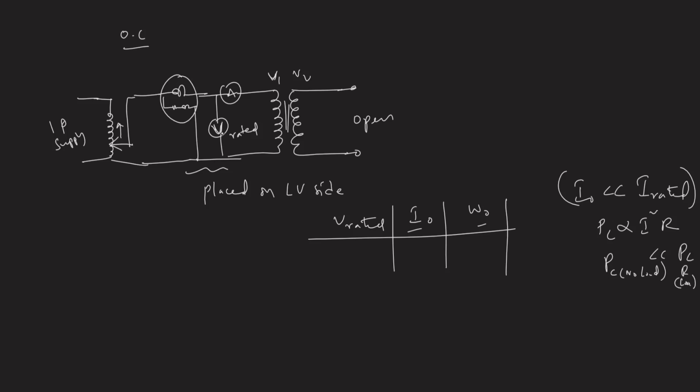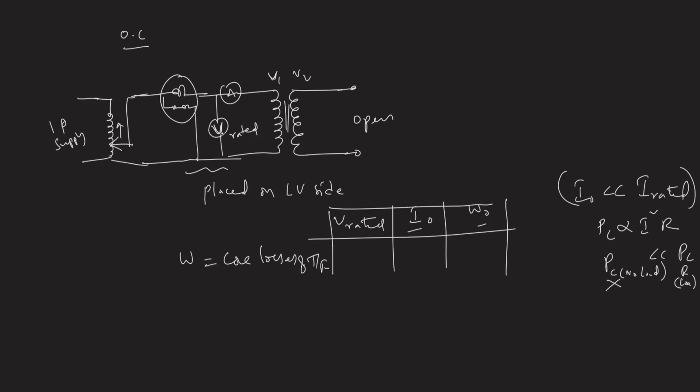So that is why this is neglected, and whatever the wattmeter is showing, the power consumed by the transformer, is completely towards the core losses of the transformer. Okay, that's it.